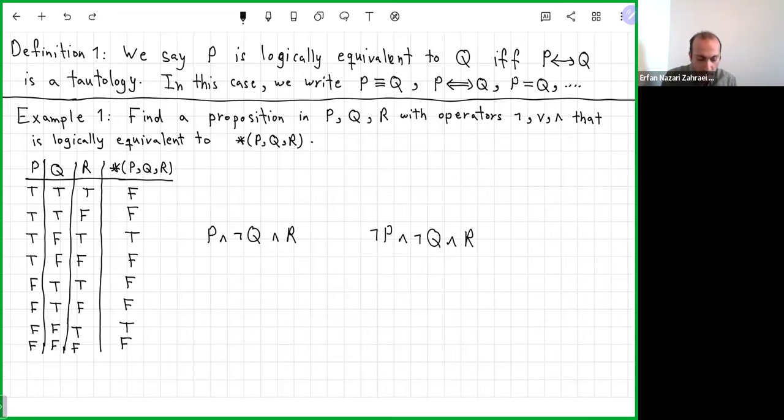So one of them is only true on this row, and the other is only true on this row. And these are the only two rows in this column that are true. Now how can I combine them to get an expression that is true on these two rows, but not any other row?